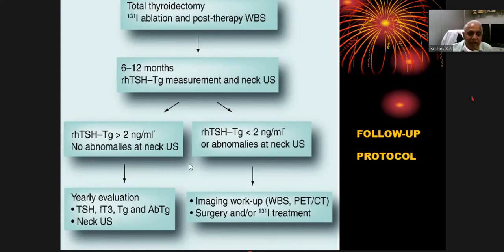If the rhTSH shows thyroglobulin more than 2 nanograms or abnormalities at neck ultrasound, imaging workup, whole body scan, PET CT, surgery, treatment, they all have to be very carefully evaluated. And then my own philosophy is I do not interfere if the thyroglobulin is around 5 nanogram, and if it is above 5, I act.